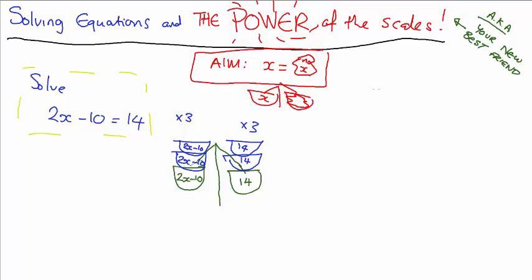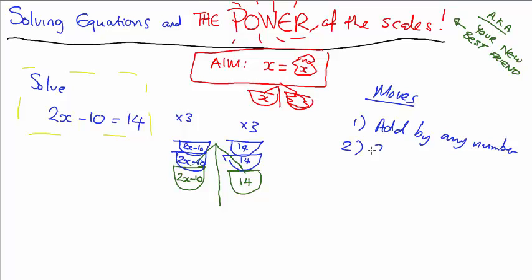So let's look at all of the moves. We can add by any number. Subtract or take away by, well, I say any number or anything, because the reason I'm saying anything and not any number is because, imagine that stuff wasn't there.